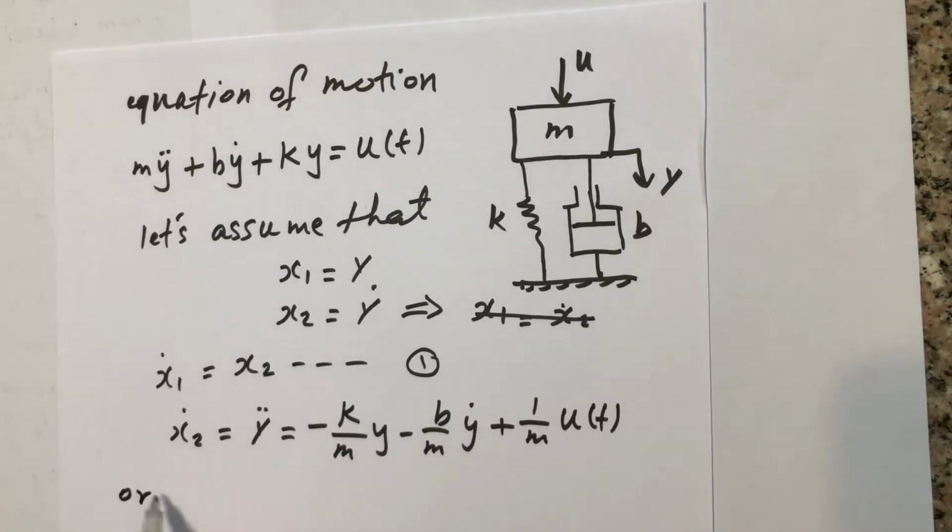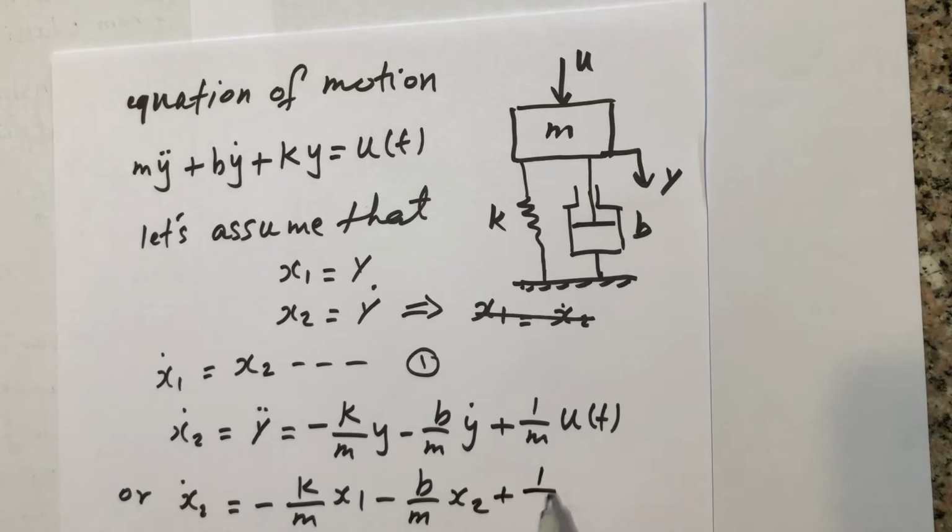Or x2 dot equals minus k over m, what's y? It's x1, minus b over m, what's y dot? It's x2, plus 1 over m u of t. Now notice, this is a very important note.